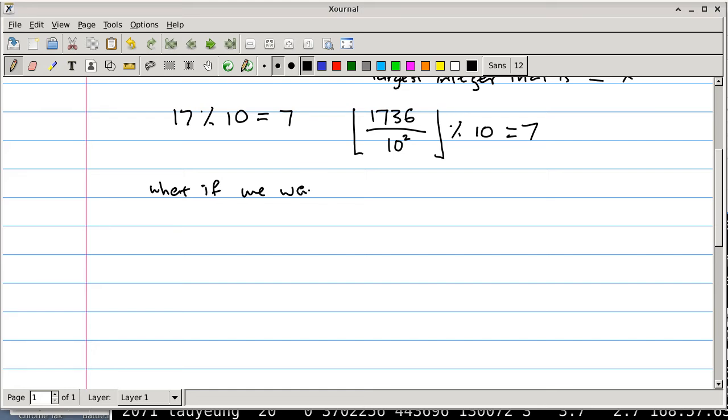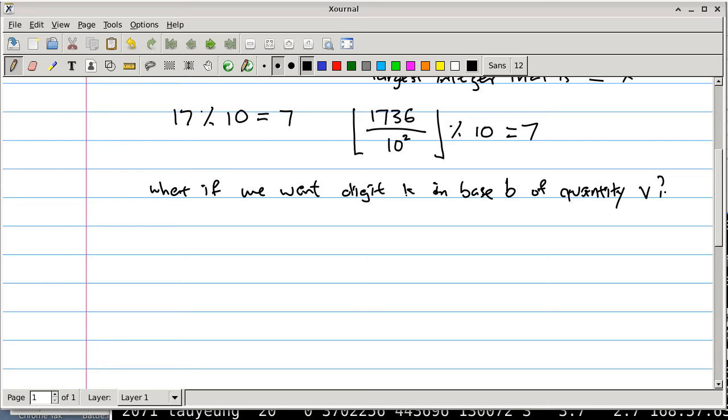What if we want digit k in base b of quantity or value v? This is the question. In other words, instead of 1736 as a value, instead of base 10, instead of digit 2, we have digit k. I'm parameterizing everything that I possibly can parameterize in the process.